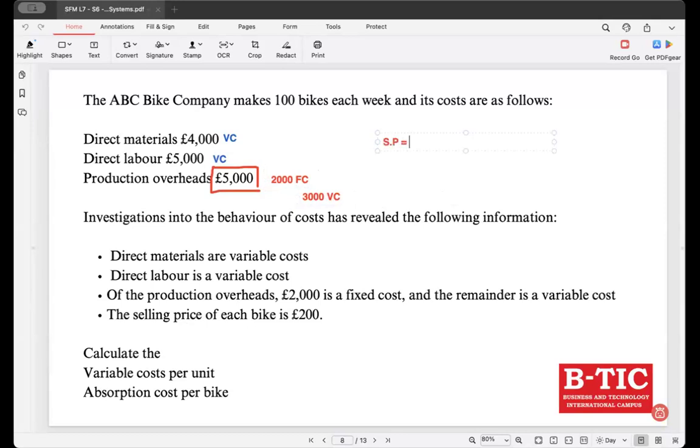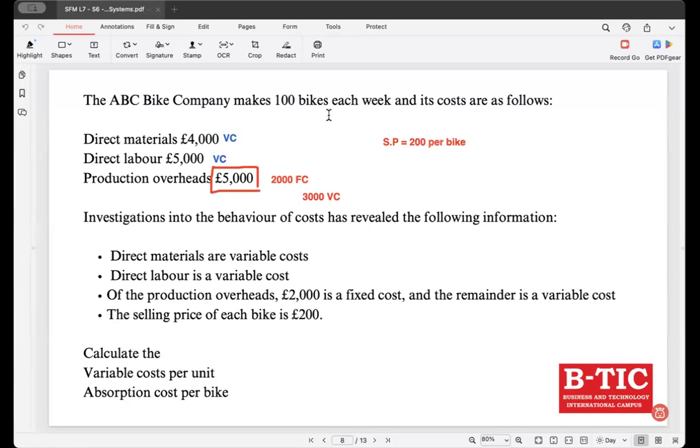The selling price of each bike, I repeat, is 200 pounds. I'm going to mention it here in case you get confused. So 200 per bike, and everything is in pounds. What you have to do is calculate the variable cost per unit.